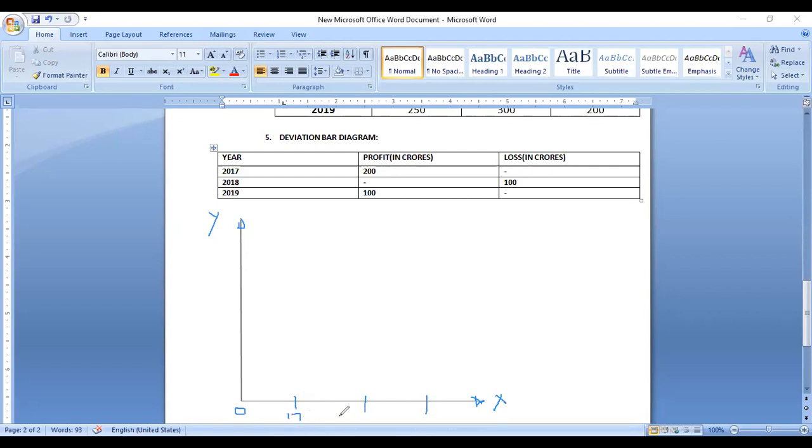So this is 17. Here I have taken it as 18, and this is 19. Three years data I am depicting.